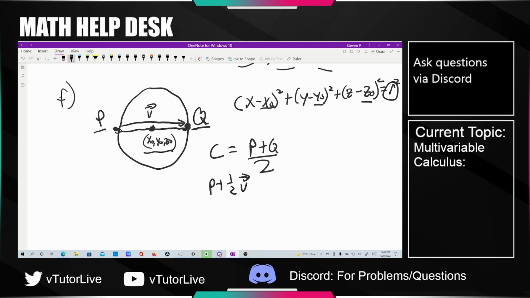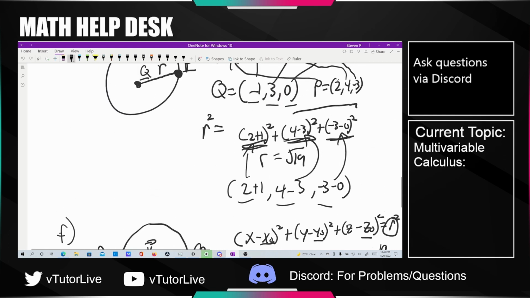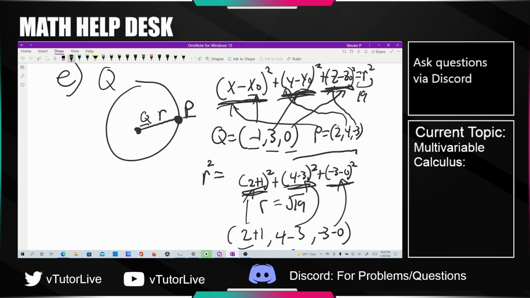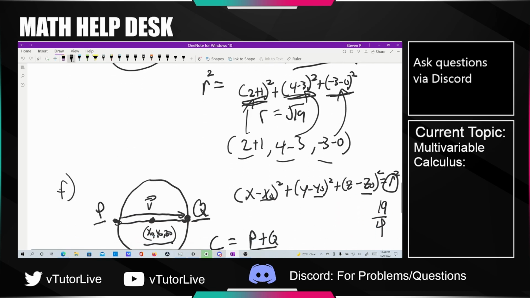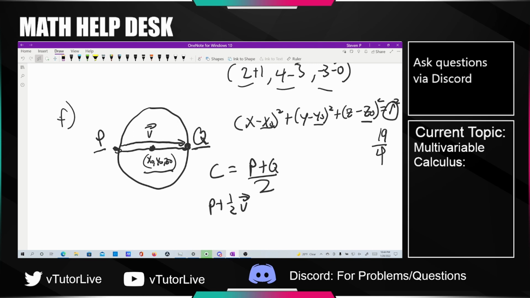And then you're done. And you know that the answer comes out to, I believe, 19/4, whereas in the previous problem, r squared was just 19. This is because the radius is halved, so then r squared becomes quartered. So this is just a really nice sanity check compared to the previous problem.